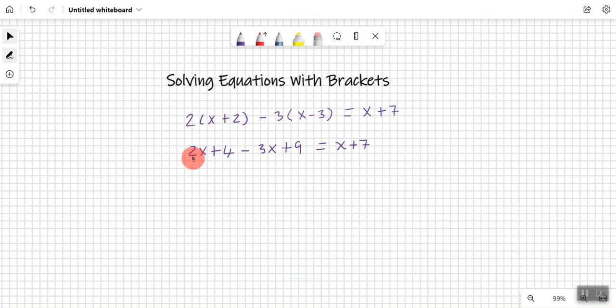If I have 2x and a minus 3x, that's going to leave me with minus x. And then plus 4 and plus 9 is going to leave me with plus 13, is equal to x plus 7.